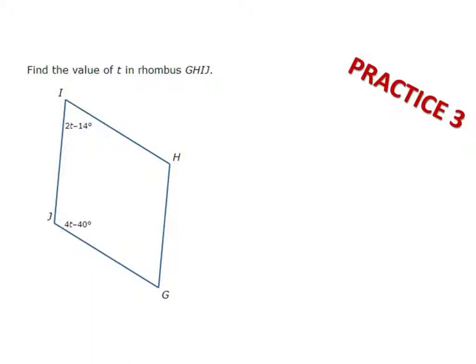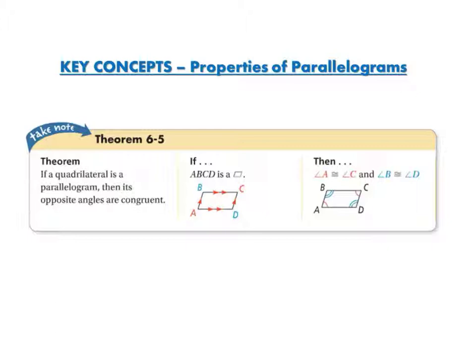In your problem, you just have to find the value of T in rhombus GHIJ. The next theorem about the properties of parallelograms says that if a quadrilateral is a parallelogram, then opposite angles are congruent.